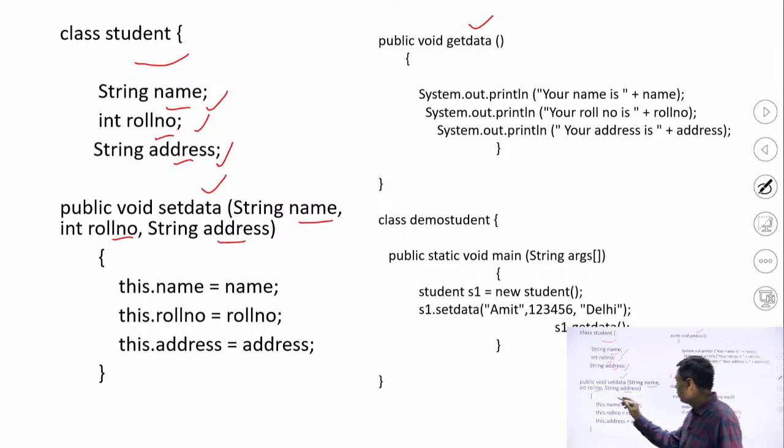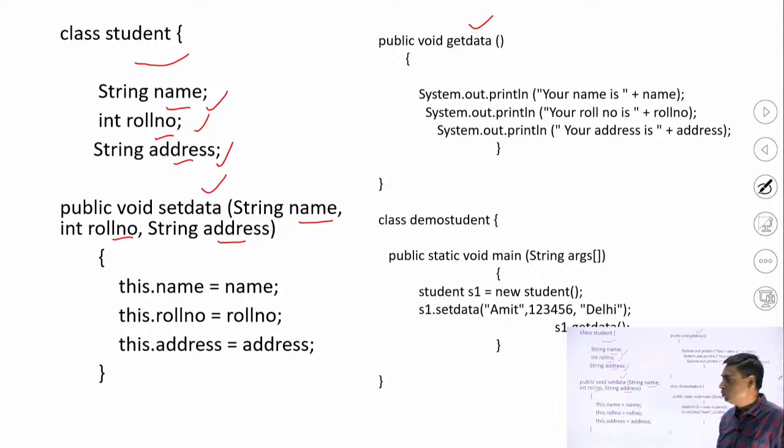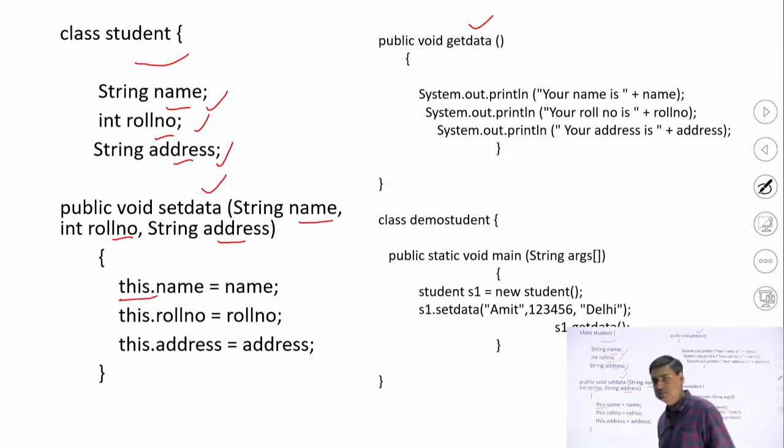Now, to distinguish whether the name is the argument of the function or the class variable, we have to use the this keyword here: this.name equal to name, then this.rollNumber equal to rollNumber, this.address equal to address.